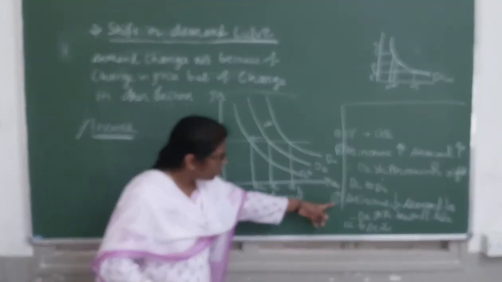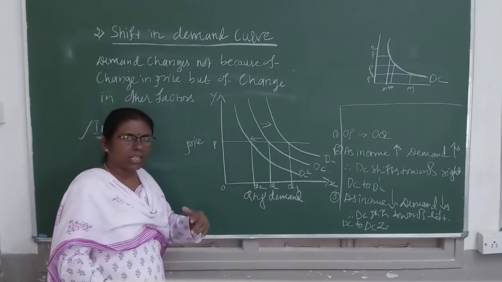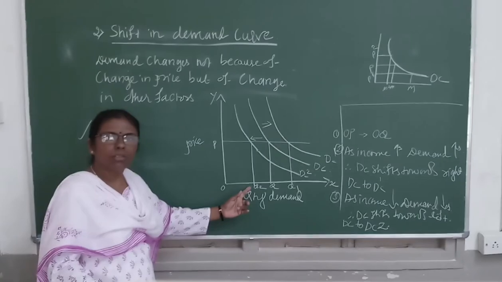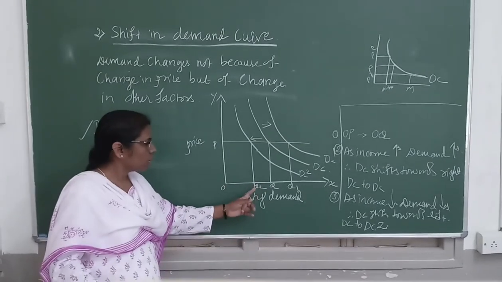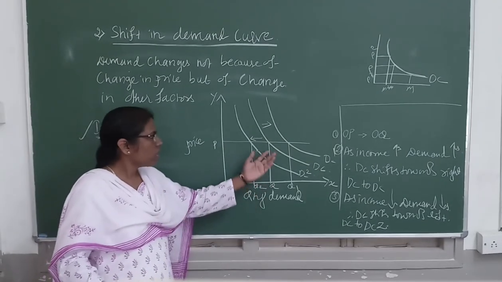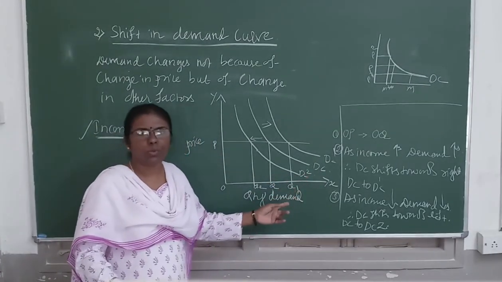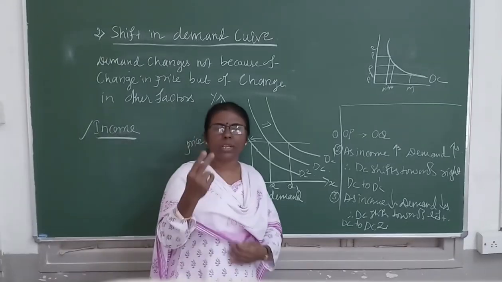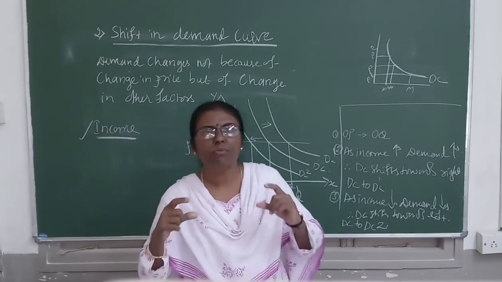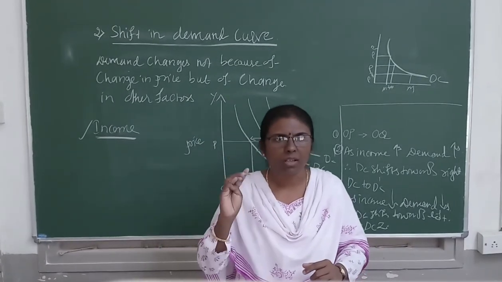Then the third one: as income decreases, demand also decreases, OQ to OQ2. The demand curve shifts towards the left, that is DC to DC2. So these are the two very important topics given for a 4 marks question.